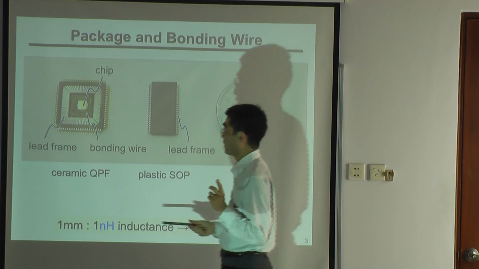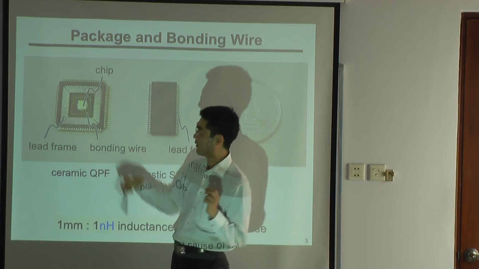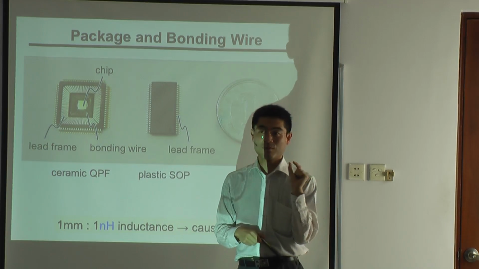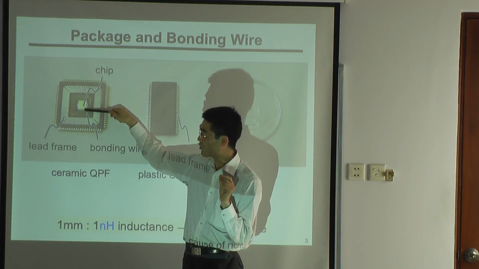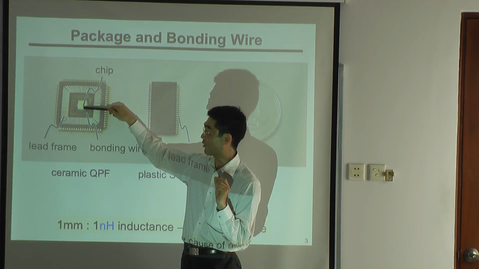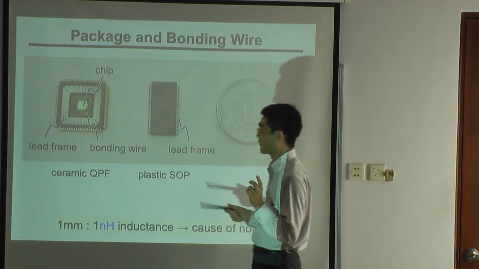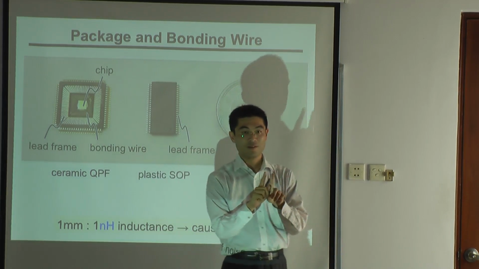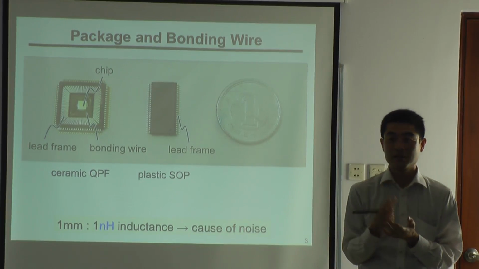However, usually the bonding wires are relatively thick, so the resistance is smaller. So usually we can ignore the resistance from here to here. And also, the distance between wire and wire is relatively long compared with inside of the chip.